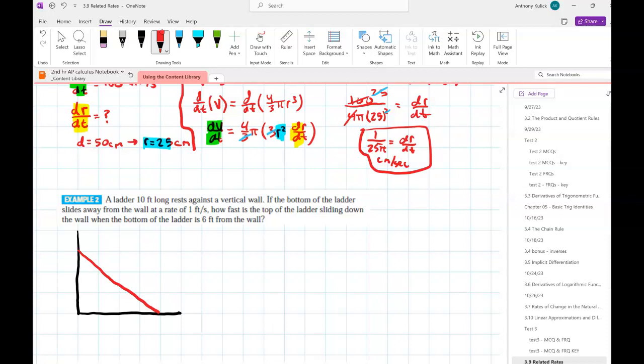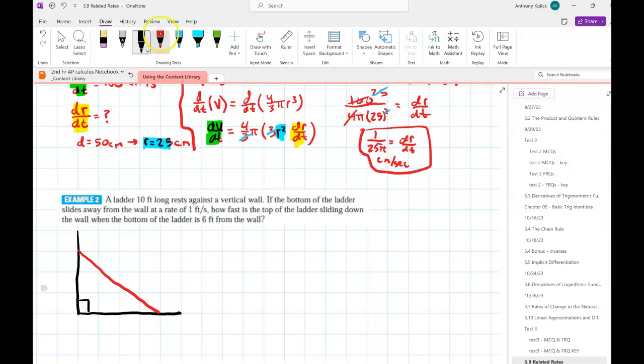Everybody feel okay with that? Now we can assume that the ground meets the wall at a 90-degree angle. I think that's fair to assume. Most people aren't building any kind of structure so that they don't meet at right angles.